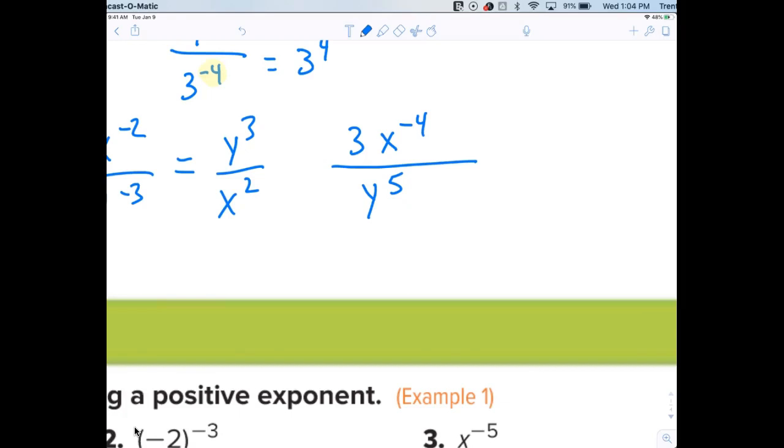Now, put your hands down. The only one you move is the one with the negative exponent. So which one has to move? The x. So I'm going to pick it up, and I'm going to move it down here. When I move it down there, what happens to the exponent? That's the answer. So the answer is just 3 over x to the 4th, y to the 5th.